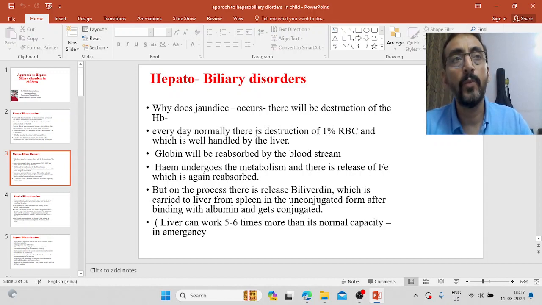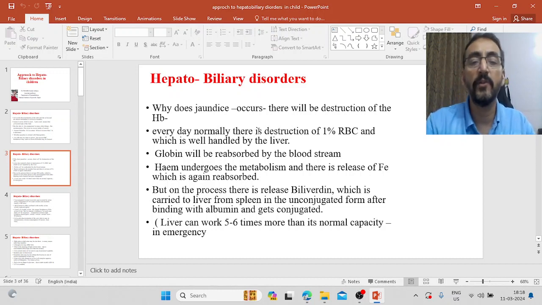Once it undergoes conjugation in the liver, thereafter it is called conjugated bilirubin, because conjugation takes place in the liver. Why is it brought to the liver? It is brought to the liver only for the purpose of conjugation, because the enzymes for the conjugation of bilirubin are present in the liver. Therefore, it is brought to the liver. Okay, so the liver can work about 5 to 6 times more than the normal capacity in an emergency.